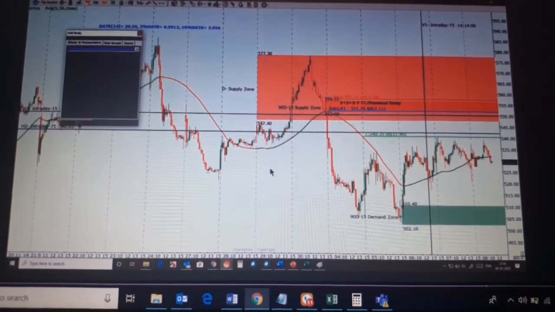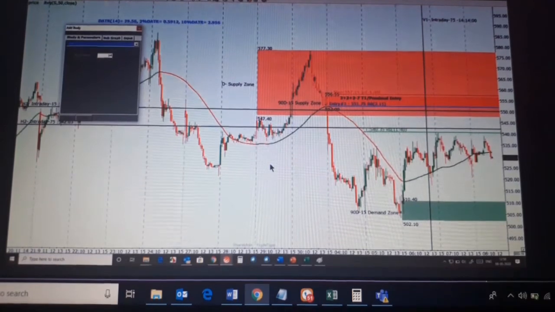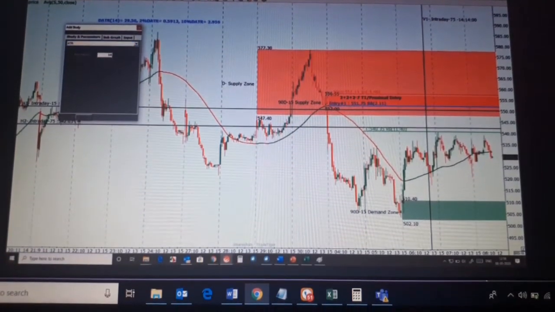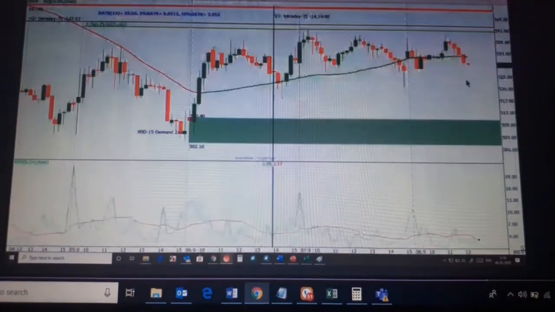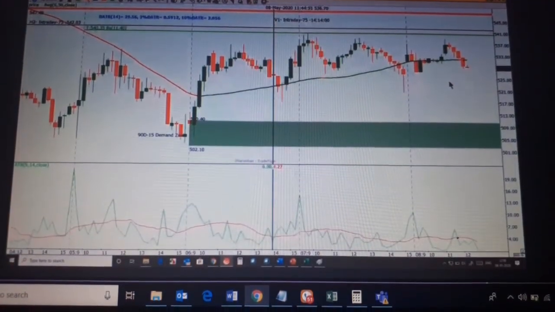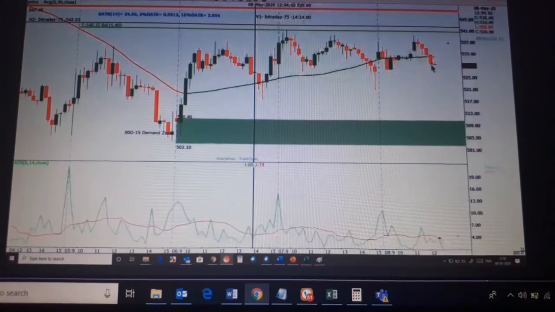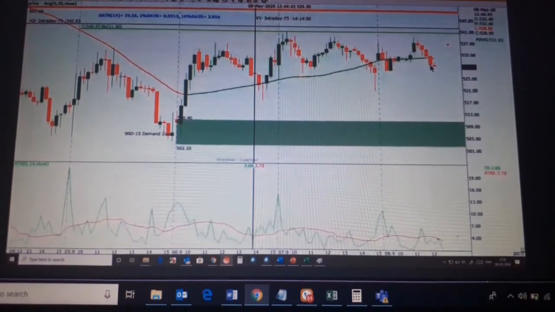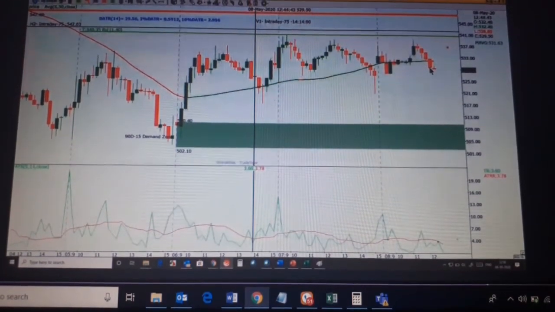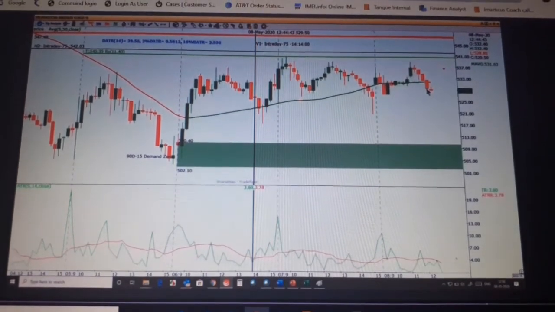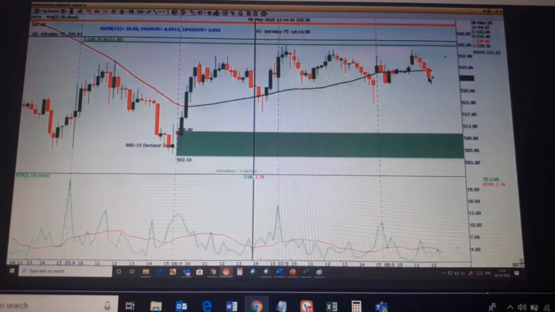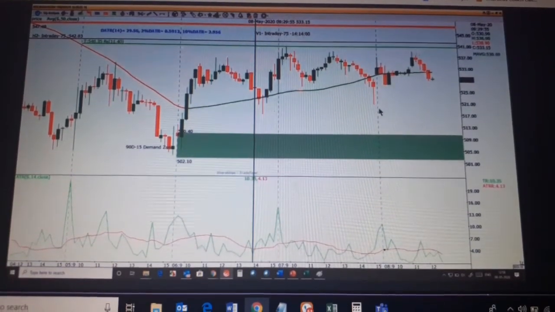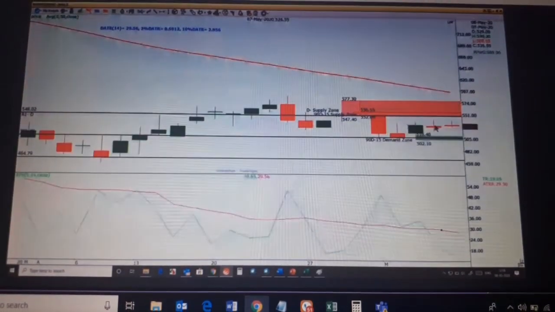Similarly, if I go for this study, I'll go for the ATR tool. See the ATR tool. The ATR tool will give you the value of this candle. Here also it's giving 3.78. So what you have to do is look at the daily chart. The ATR value should be taken from the daily chart.